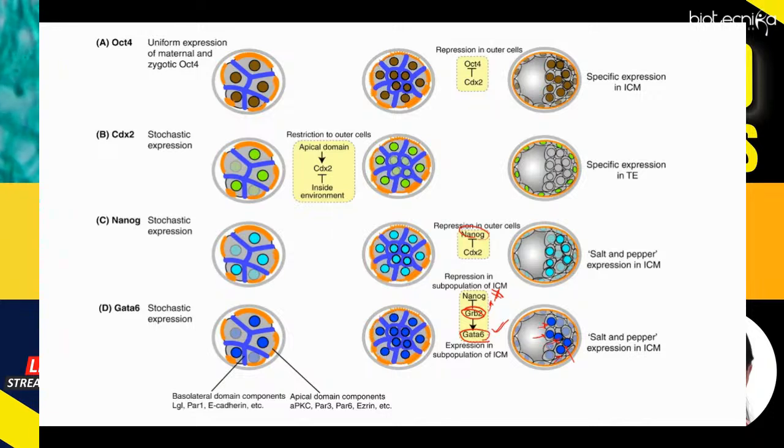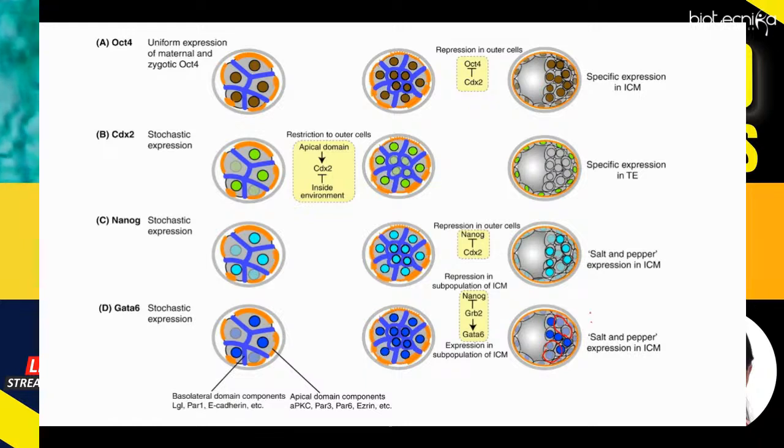But they will have GATA6. So these navy blue cells are the ones in the inner cell mass which are expressing the GATA6 molecule. But these other cells don't have GRB2, so they are able to express nanog.